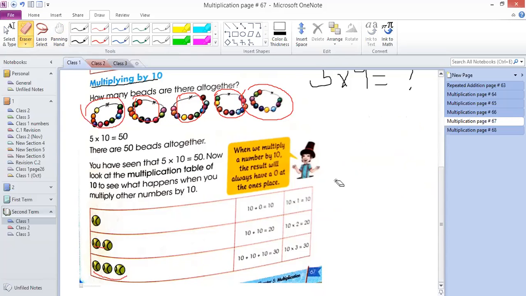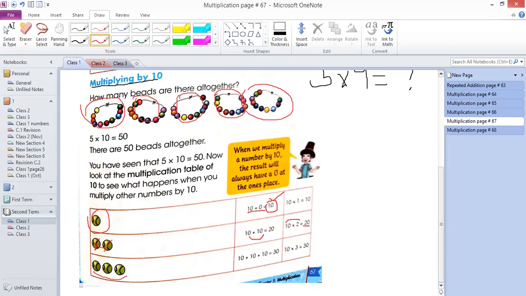Now let's check the table of 10. This is only one group of 10. One group of 10 means 10 plus 0. So the total number of objects are 10. Then there are 2 groups of 10, 1 and 2. 2 groups of 10 means add 10 2 times or 2 times 10.